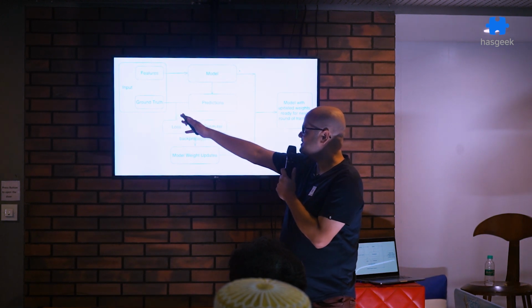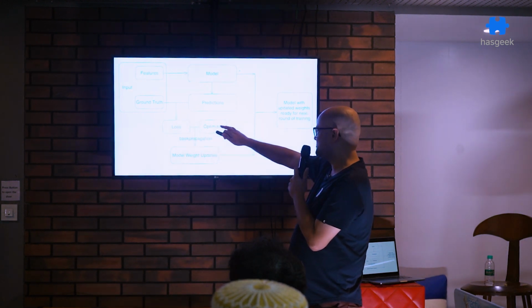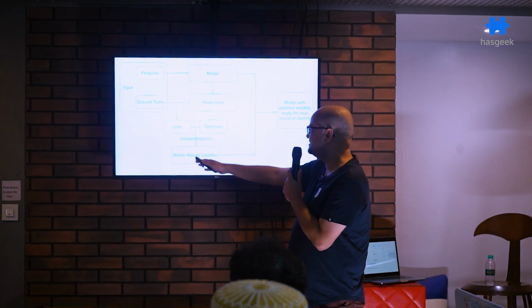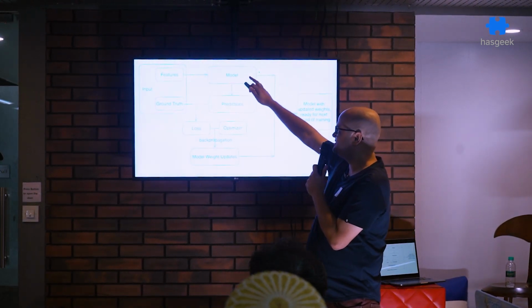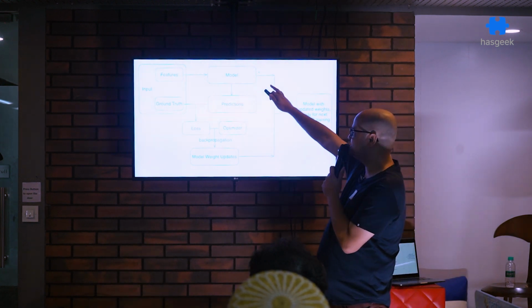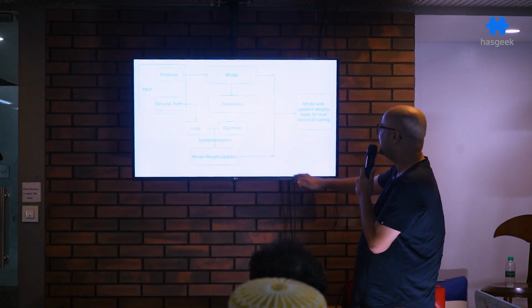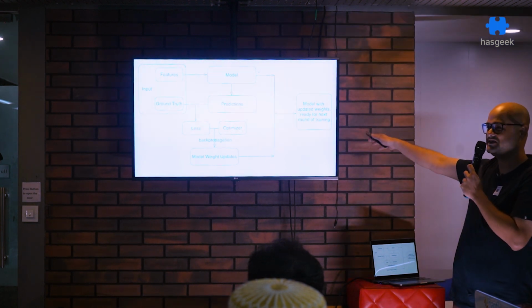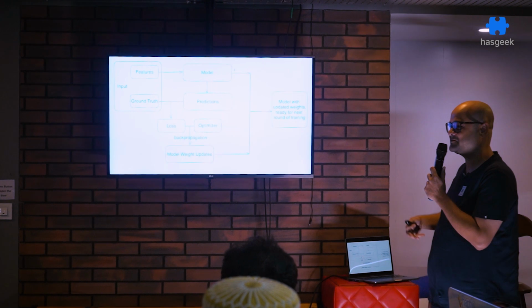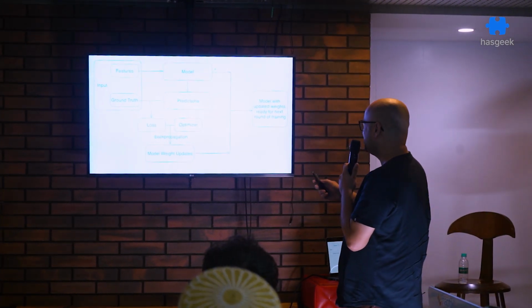You compare that with the ground truth, you look at the loss, combine it with the optimizer, and through backpropagation you get some model weight updates. And then you combine the model weights that currently exist with the updates, and you come up with the model with the updated weights that you are going to use in the next iteration again. We do this batch by batch, epoch by epoch.